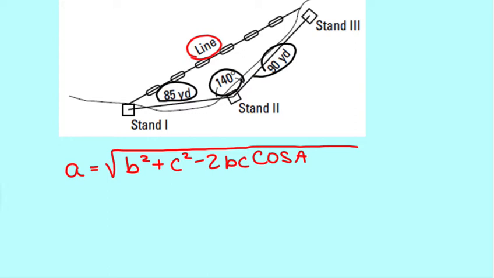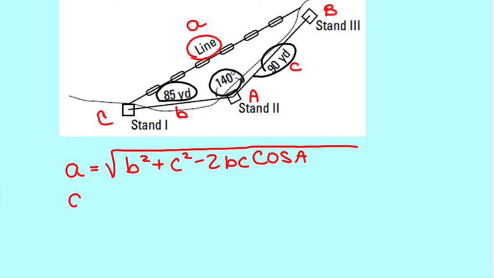So this would be your angle A. The side opposite is your unknown, which you're going to solve for. And then these two sides really don't matter. This would be your side and side. And then this would be your angle C and side, or angle B. You don't need those.